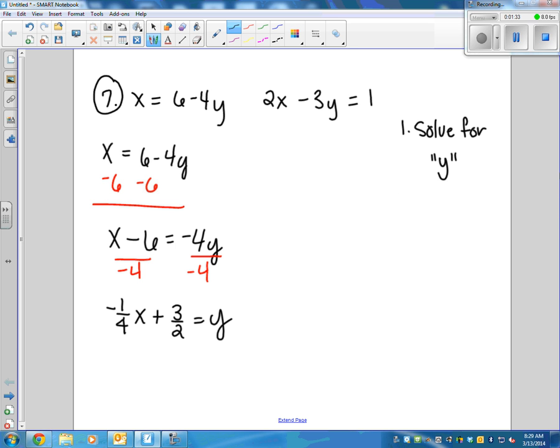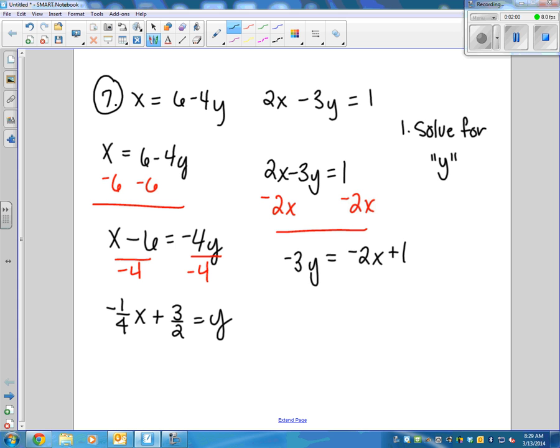That's step 1. So now I'm going to go over here to this second problem, and it is 2x minus 3y equals 1. What's my first step in solving for y? Subtract 2x. Good. So I'm going to subtract 2x from both sides, and I will now have negative 3y equals negative 2x plus 1.